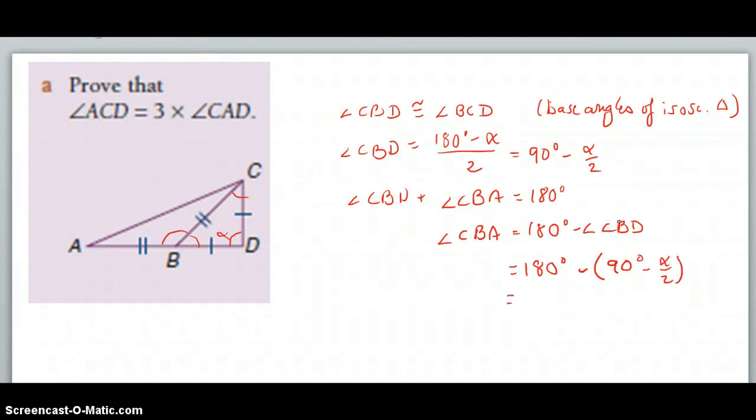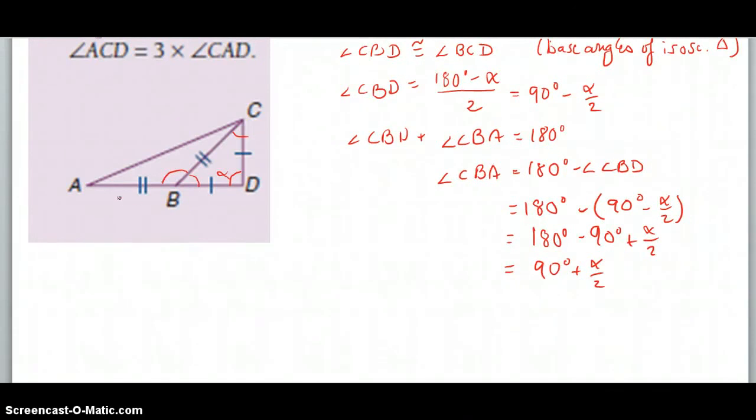Let's write it without the brackets. I'm multiplying minus 1 out here. 180 degrees minus 90 degrees, and negative 1 times negative alpha halves gives positive alpha halves. Simplify. 180 degrees minus 90 degrees is 90 degrees plus alpha halves. That's the size of this angle, and it makes sense. It's going to be bigger than 90 degrees because it's obtuse, so I'm adding something to 90 degrees here.